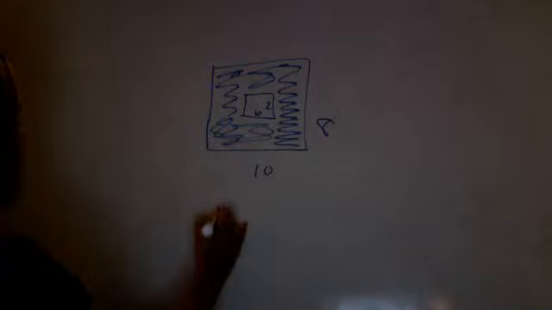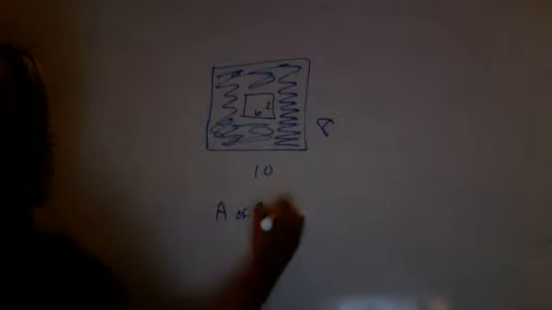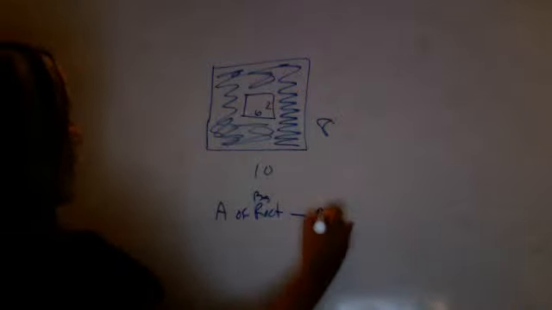Well, I know I can get the area of the entire rectangle, right? So area of the big rectangle. And can I subtract the area of the small rectangle to give me the area of the shaded part?